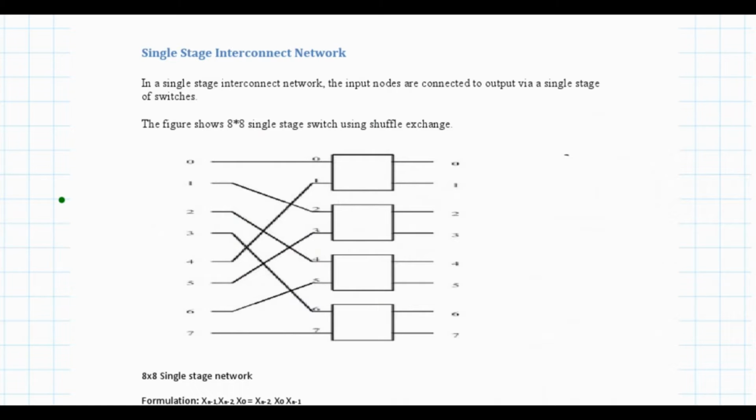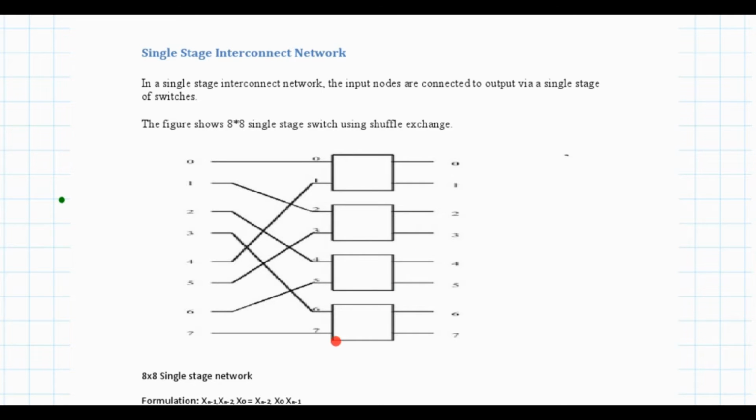If you carefully analyze the diagram, you can find that the processors are connected among themselves by a number of Banyan switches.